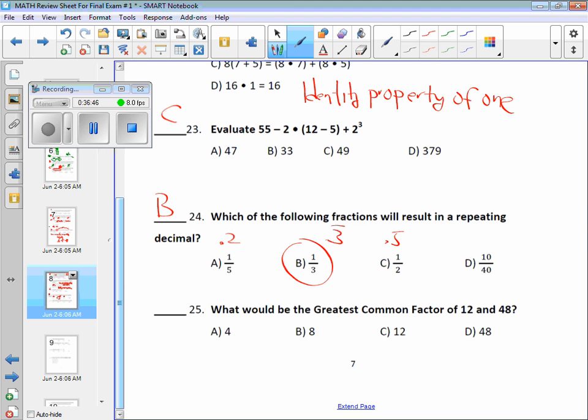Quarter. Which is? Point what? 0.25. Yeah, 0.25.